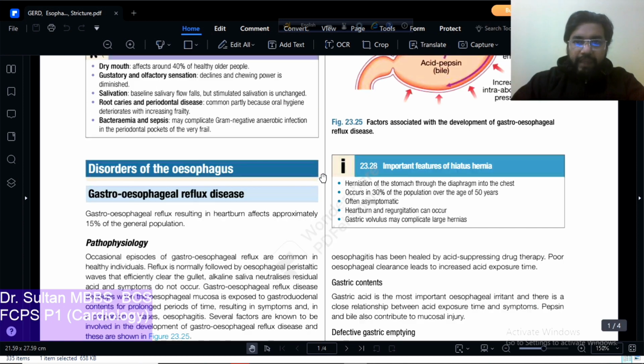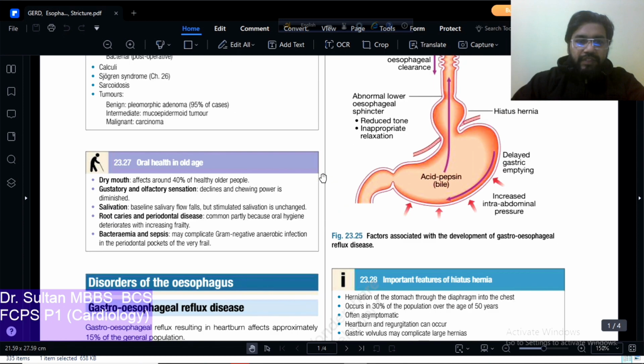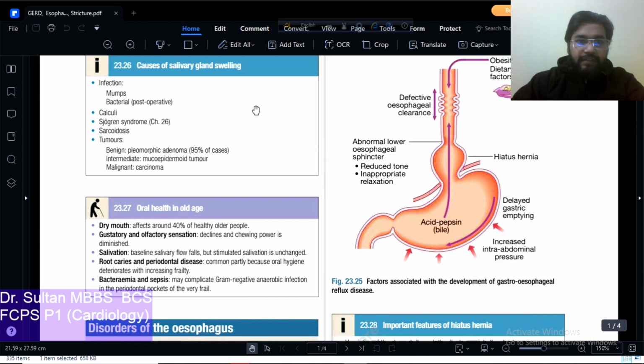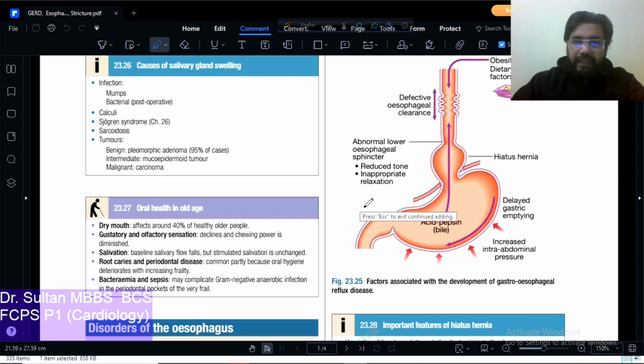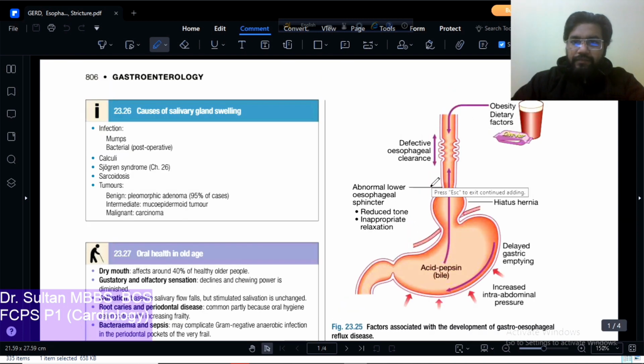So, what are the factors that are associated with gastroesophageal reflux disease? If I simplify, you can see a figure here. This is the esophagus and this is the stomach. The lower esophageal sphincter plays a vital role in developing gastroesophageal reflux disease.